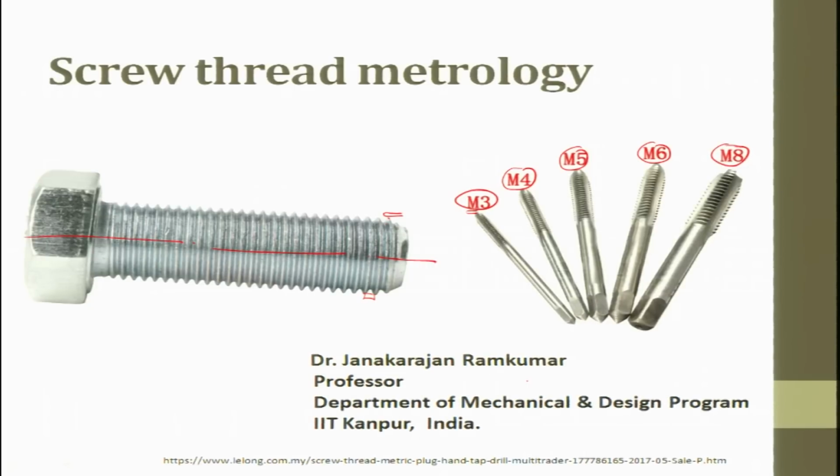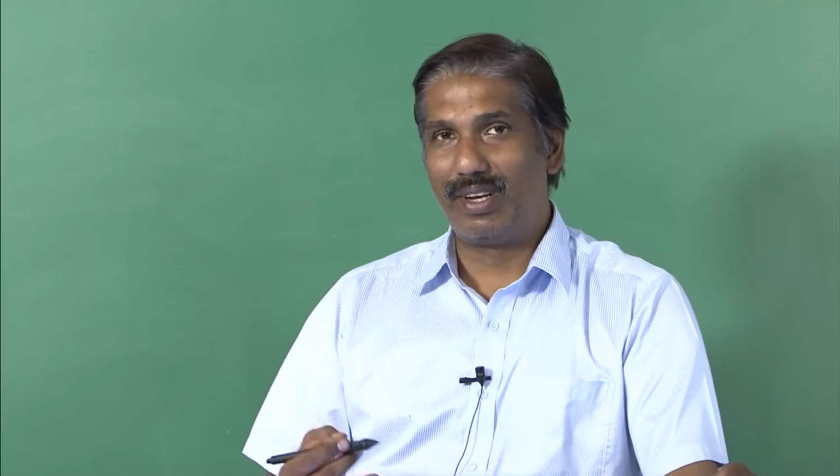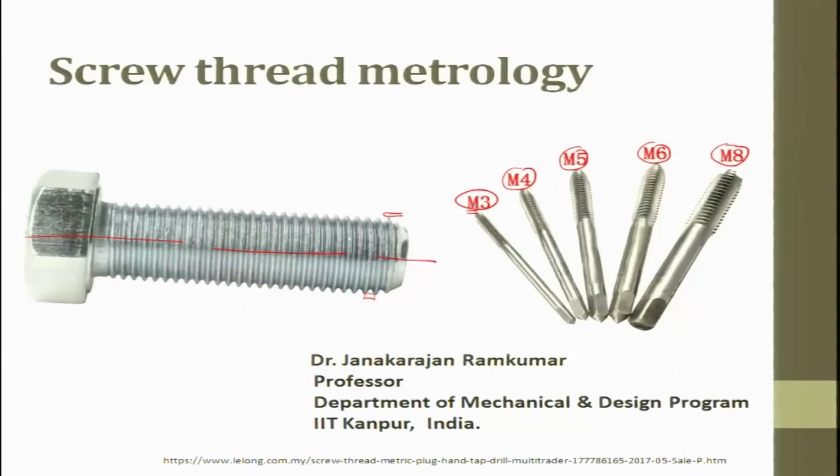We studied in this course initially what the need for interchangeability is. So, for maintaining the interchangeability concept, we need to have a standard. So, M3, M4, M5, M6 and M8 are various types of taps which are available in the market today. By using these taps, you create a thread. These threads follow an international standard.